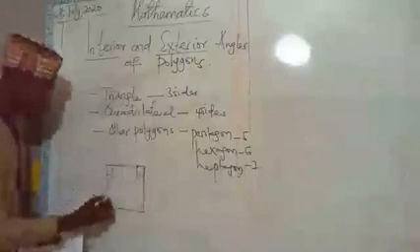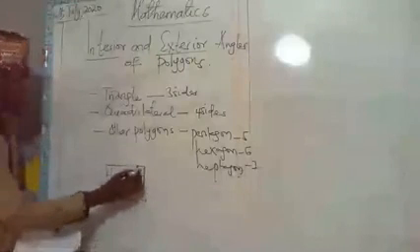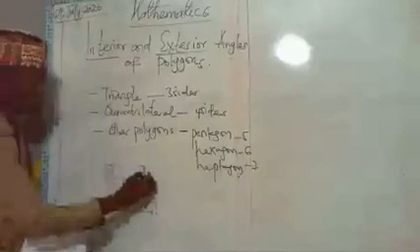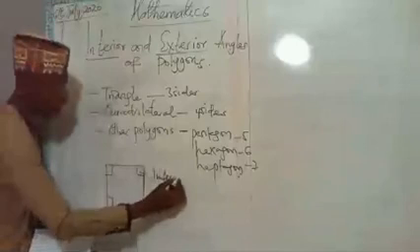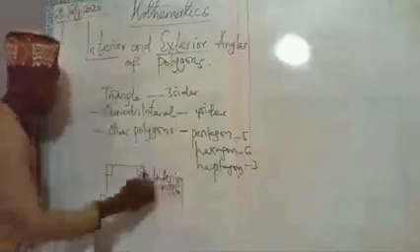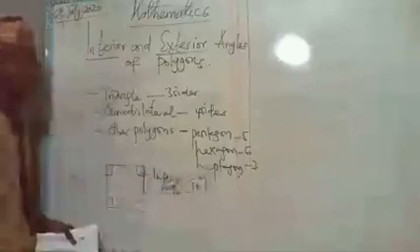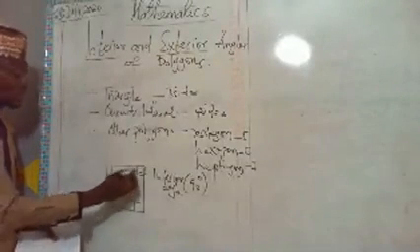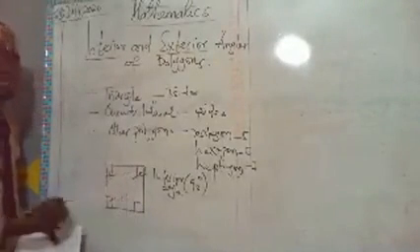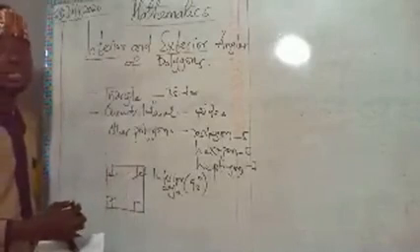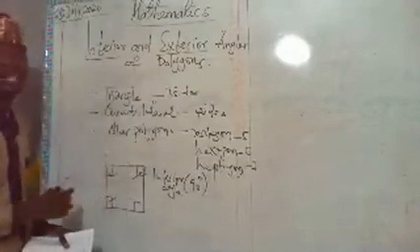These angles are called interior angles, and each is 90 degrees. Is it clear? What do you mean by interior? Inside. Angles that are inside the shape.